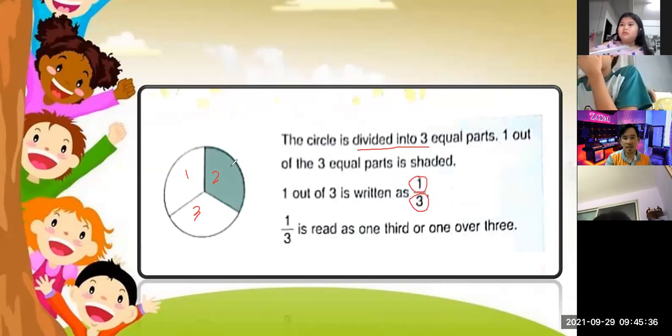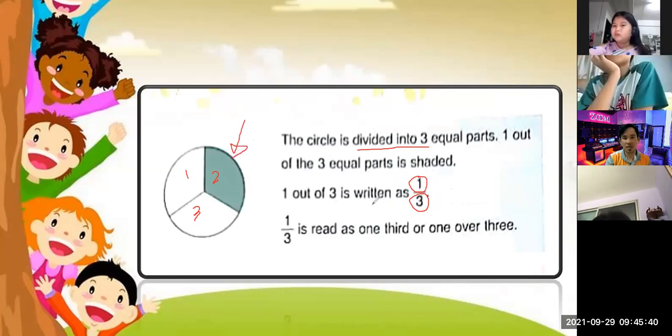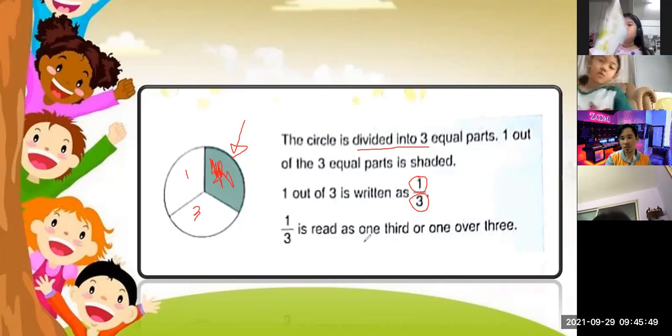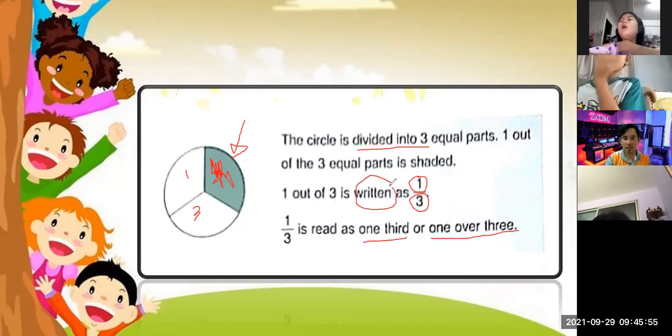This one is from the shaded parts. So out of 3 parts, 1 is shaded. So we call it 1/3. Written as 1/3, we read it as 1/3.